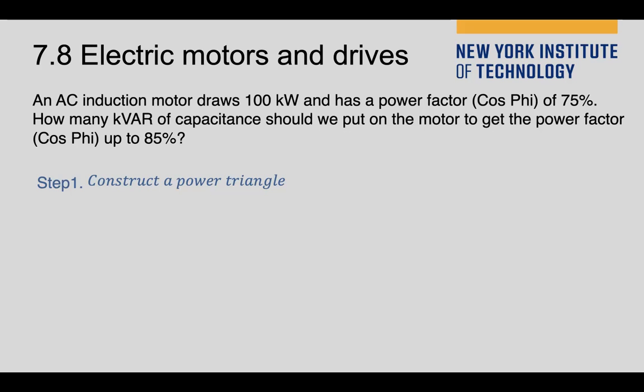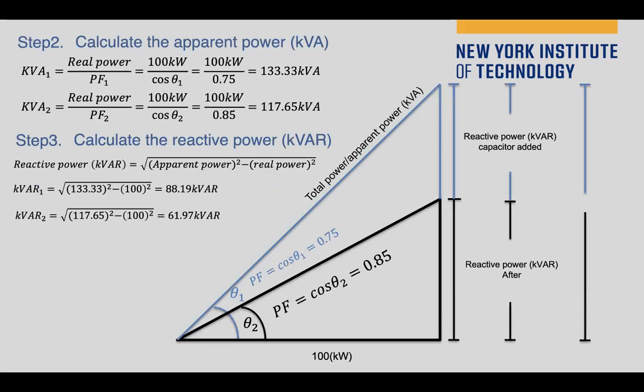First step, we need to construct the power triangle. We know the horizontal, the real power, is 100 kilowatt. And the power factor originally is 0.75, and we need to improve it to the power factor 0.85. Now we need to find out this value, the reactive power before minus the reactive power after, okay?